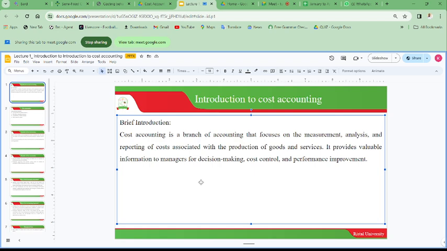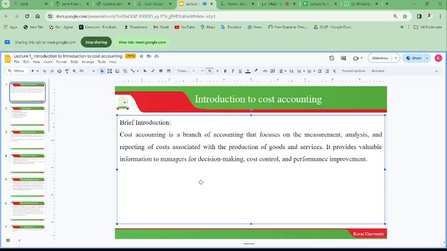So, cost accounting is basically not for external reporting, but for internal insights to improve our efficiency and profitability. Cost accounting focuses on capturing, analyzing, and reporting a company's cost.